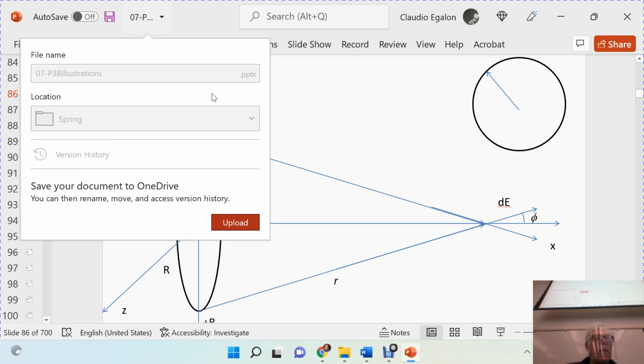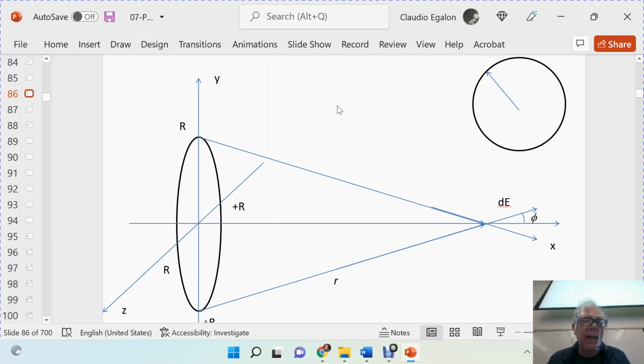How do I change it to the hard drive? Do you folks know how to do that? He doesn't allow me to do that. So strange. Control S is going to save on OneDrive in the cloud.